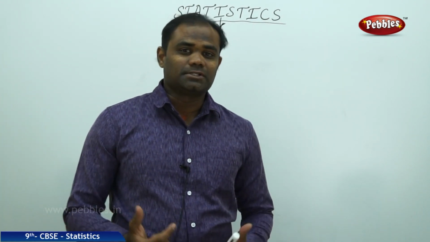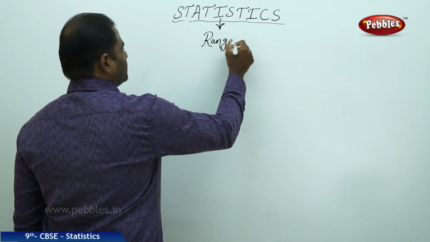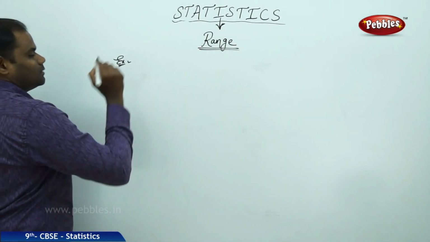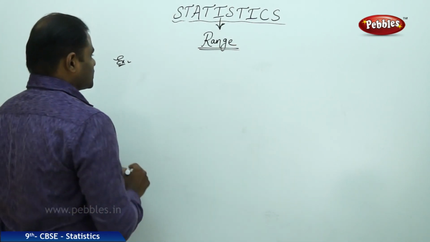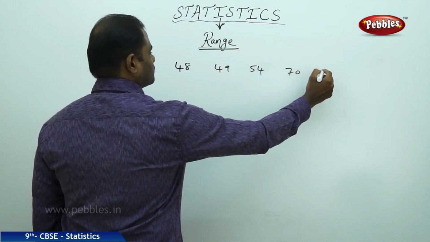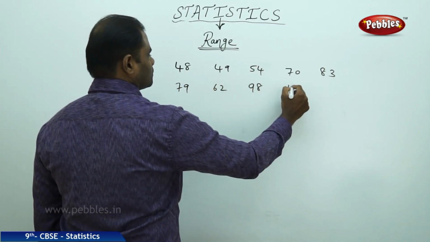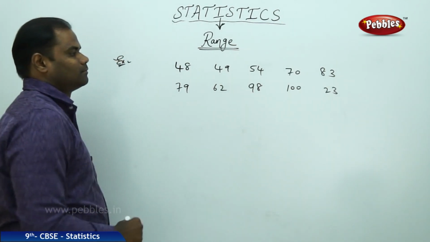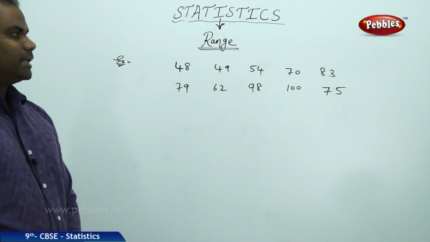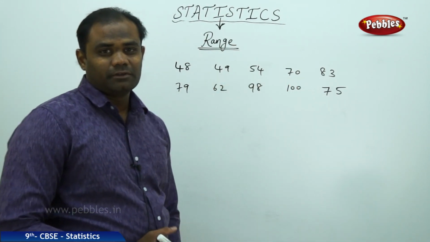Now let's discuss about range. What is a range in statistics? This session is about range. Say for example, I have the marks of 10 students in the class which I have taken. Now clearly I have the marks of 10 students in the class with all the marks listed here, which is the raw data.